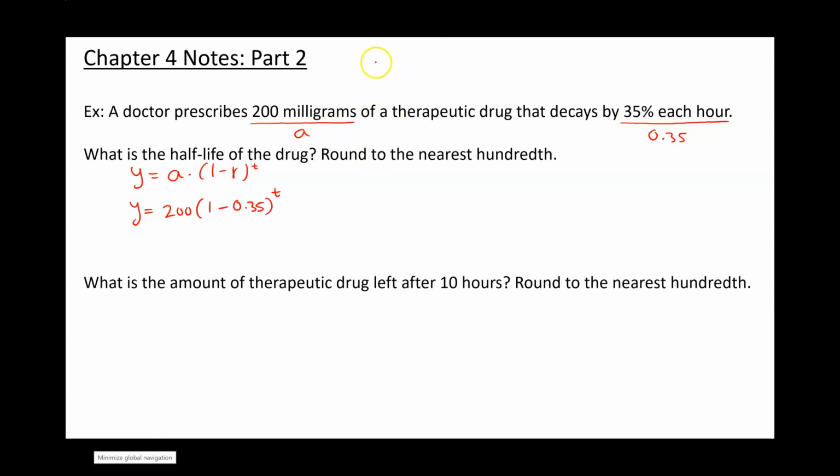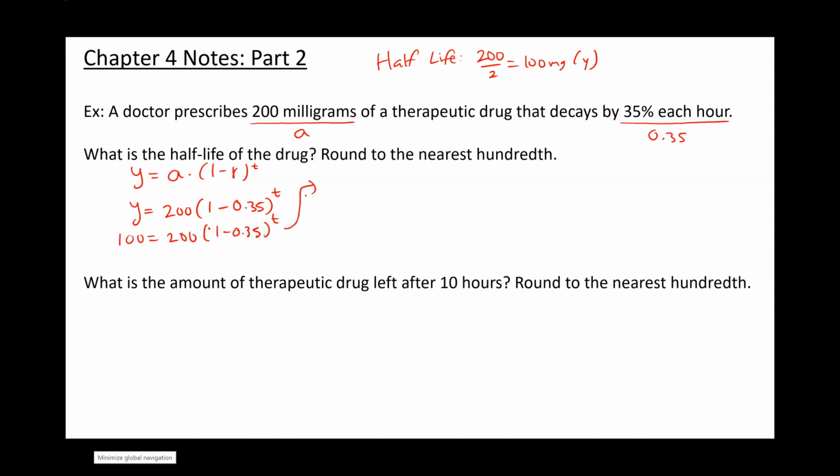So for half-life, we're going to take the initial amount and divide that by 2, which is 100 milligrams. This is going to be the value of y. So y is going to be 100 milligrams. Why is that? Once again, because we want the half-life of 200, which is going to be 100. So we have 100 equals 200 times 1 minus 0.35 to the t power.